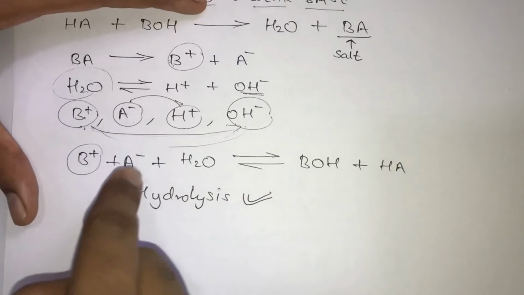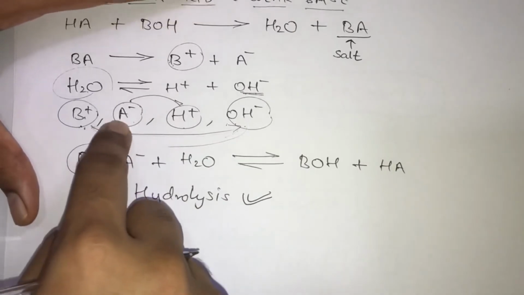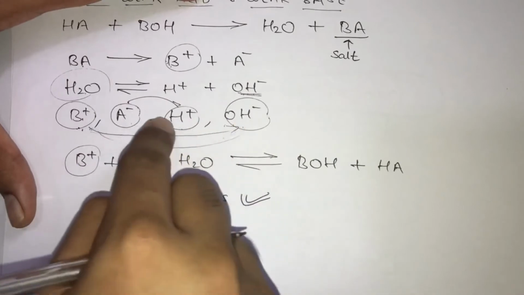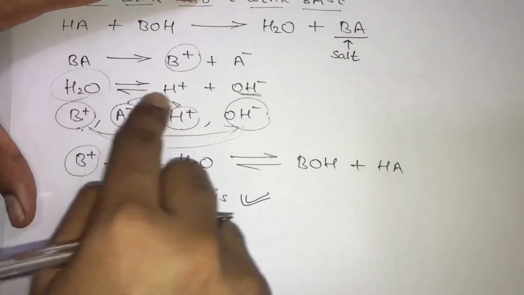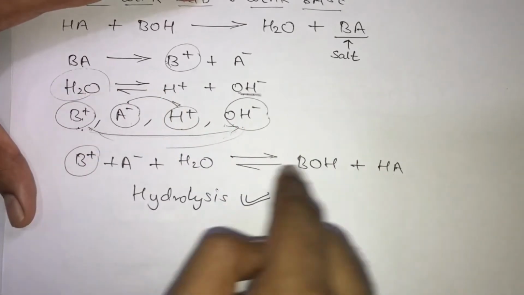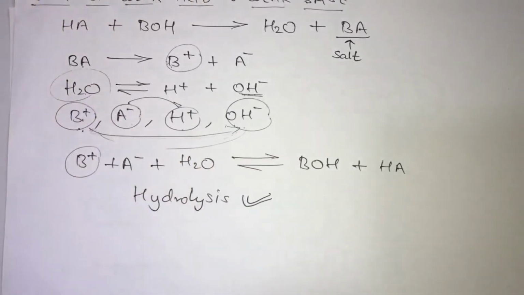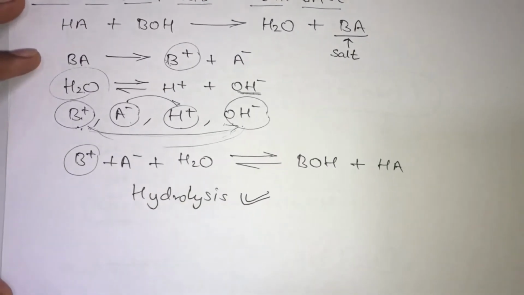And here also, if you observe, this A minus, which is nothing but the ion of a salt, is reacting with H plus, which is the ion of water, and they are forming HA. So when the ion of a salt and the ion of water react with each other, we are sure that hydrolysis is taking place.